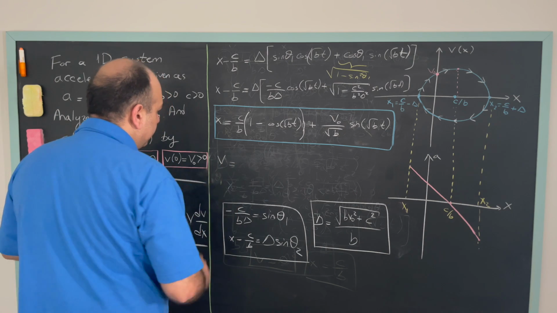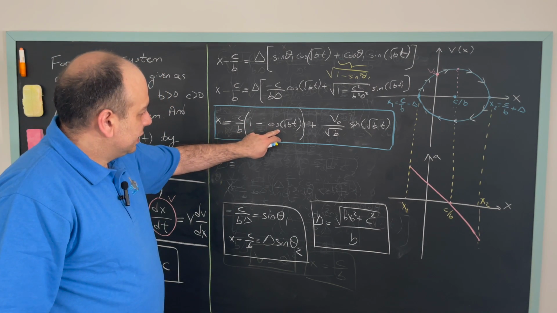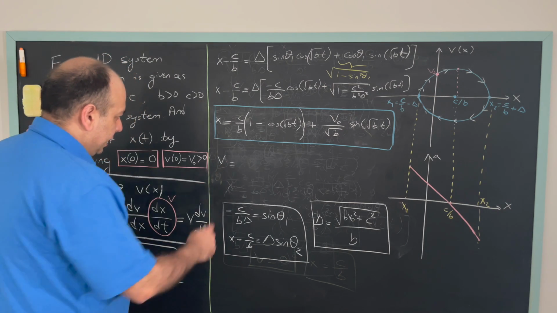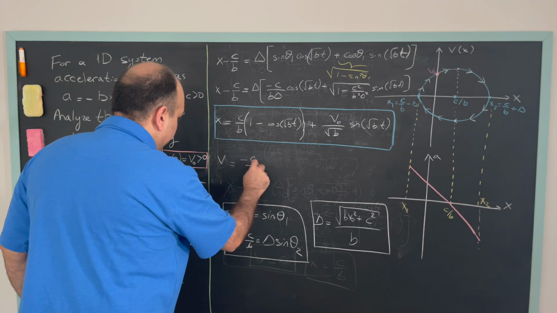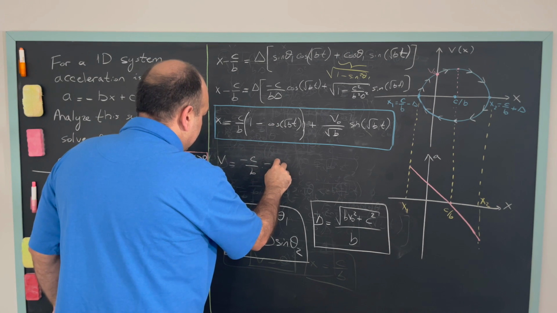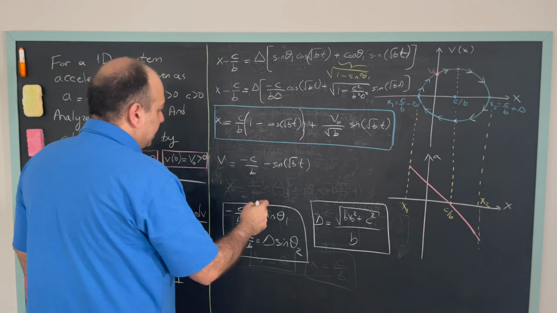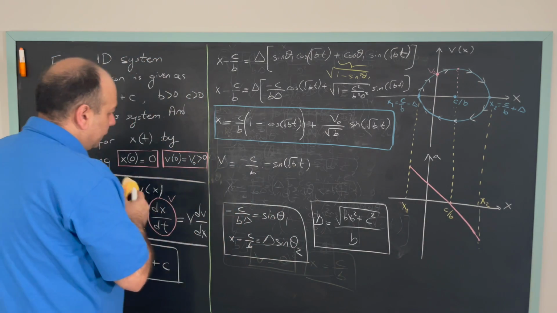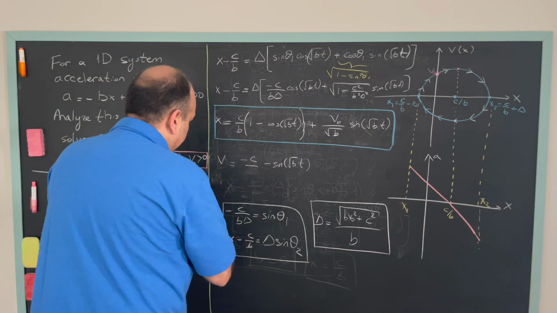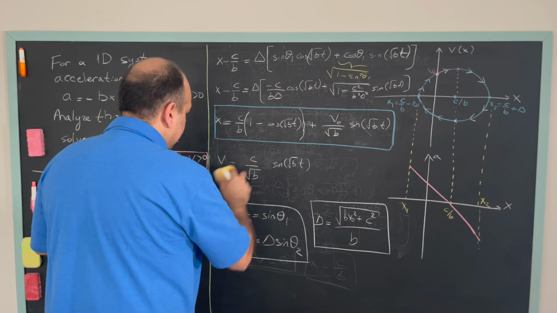So v is going to be equal to, the derivative of 1 is 0, the derivative of this is minus, right? So you will have minus c over b times minus sine square root b times t times square root of b. So this becomes square root of b here. This minus cancels that minus.